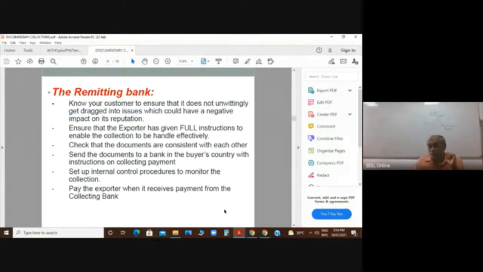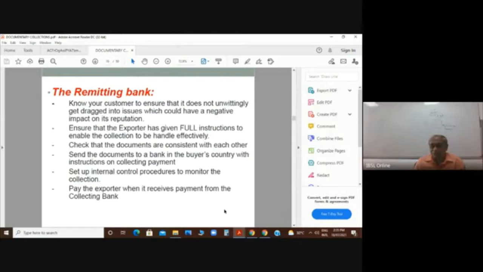They are not checking the documents in detail, but they have to check whether the documents are consistent with each other. For example, the Bajaj company might have submitted an order for Bajaj motorbikes.